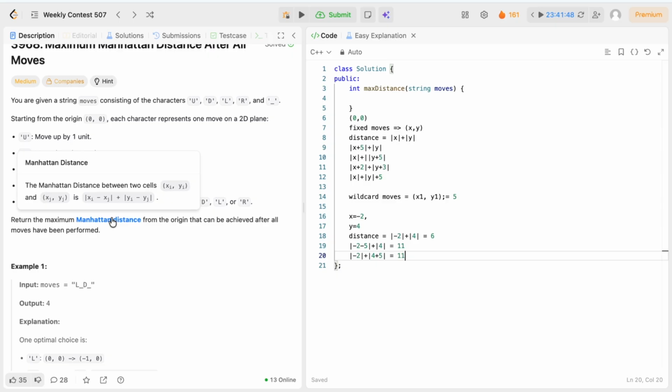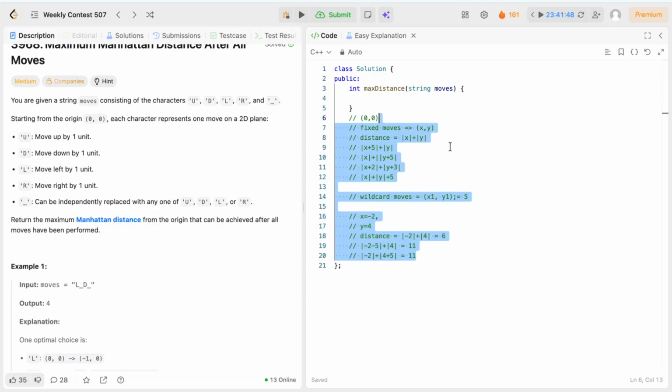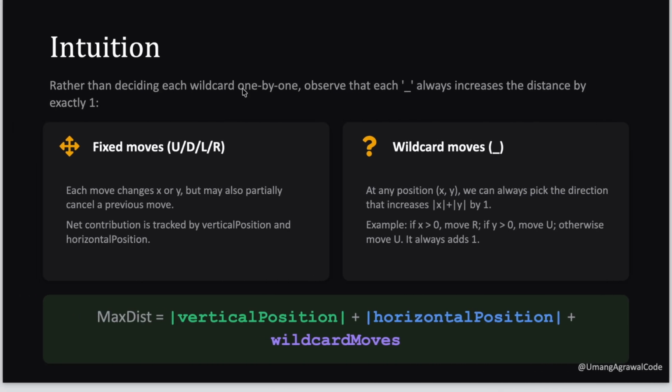We just have to increase the value. So we are just going to add wildcard moves at the end of the value which we get from fixed moves. As I said, we will have a horizontal position which we get from left and right, and a vertical position which we get from up and down, and we will add wildcard moves in the end.